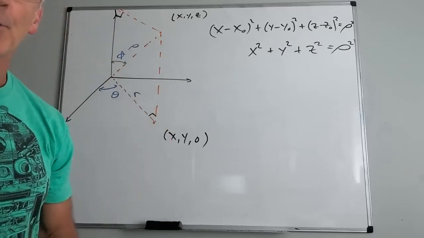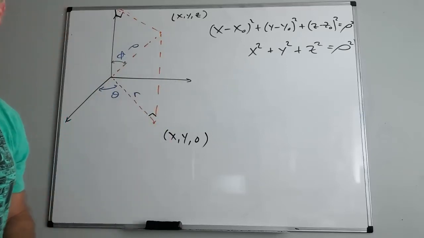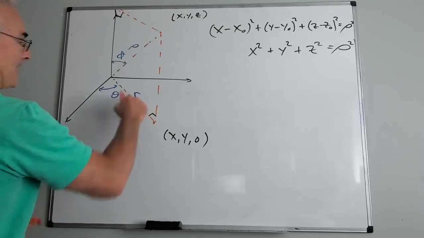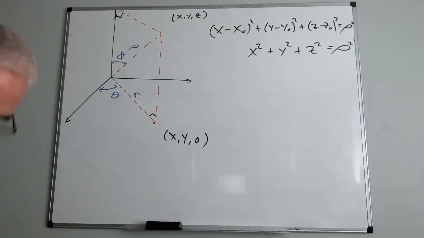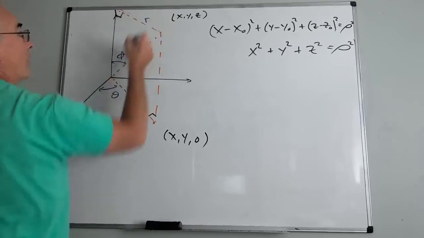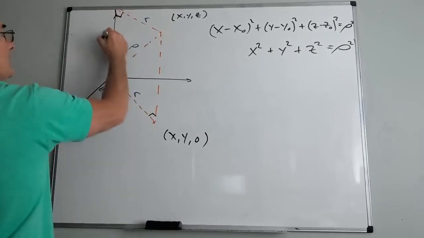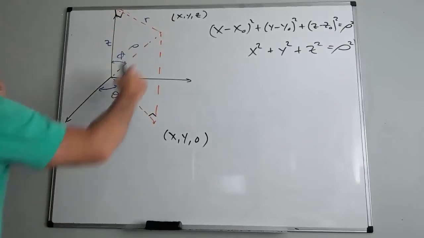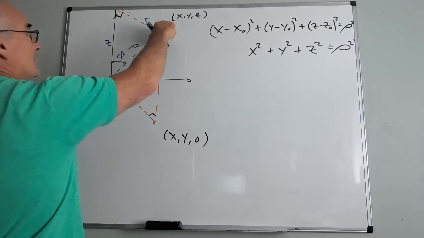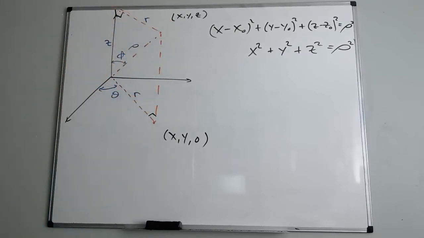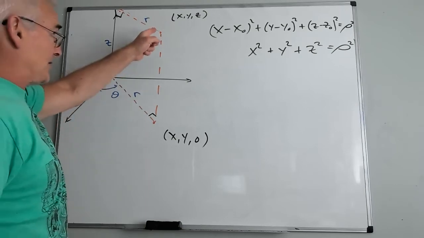So then what are the other pieces of my rectangle? Well, if that's R, then that's also R. From here to here, that's exactly Z. Remember, this point was X, Y, Z. So when I project it back to the Z axis, hopefully you guys can all get an interpretation. So I have this point in 3 space.